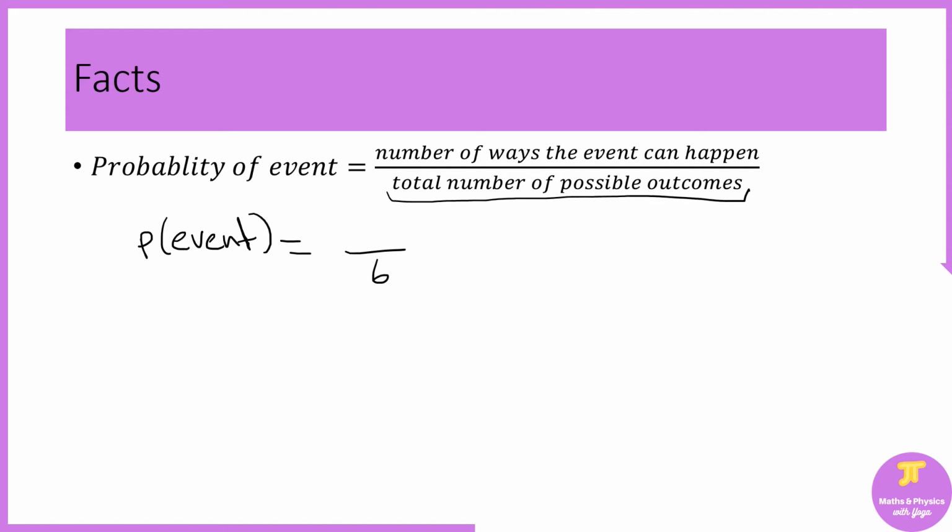Let's say, what's the probability of getting an odd number? There are 3 possibilities of getting an odd number: 1, 3 or 5. So the number of ways that the event can happen is 3. So the probability of getting an odd number is 3 over 6, which is half. This is between 1 and 0.